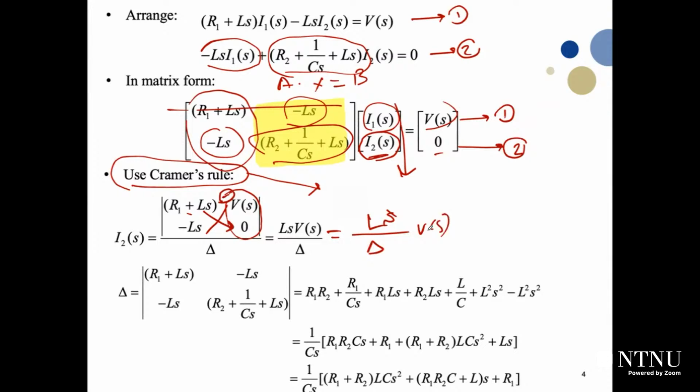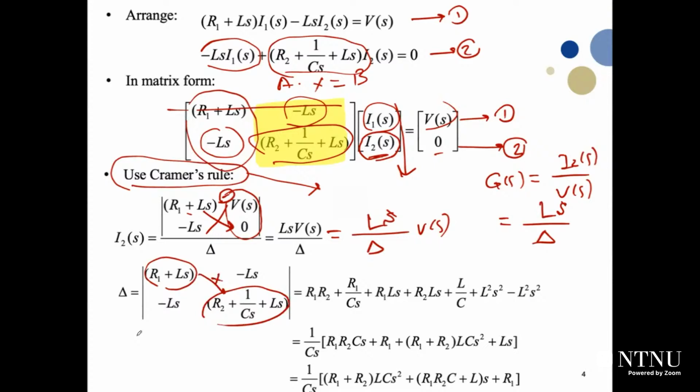We need to take V of S outside because we need to get the transfer function, which is I2 of S divided by V of S. So this transfer function will be LS divided by delta. Now we need to get delta. Delta will be the determinant of this matrix. So it will be that part multiplied by this one, minus that part multiplied by that part.